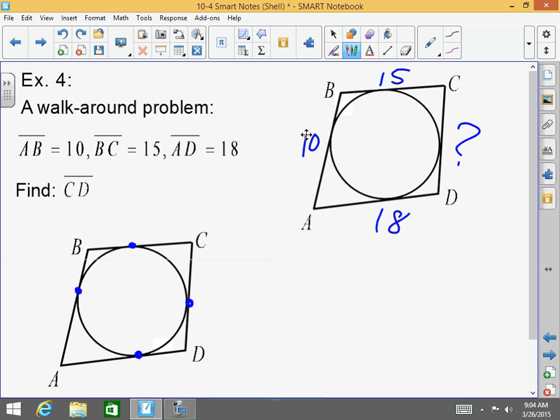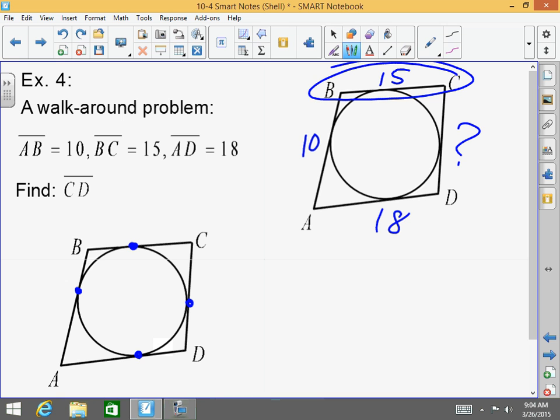Now, pay attention to this. We've gone over this before, but I want to really take my time with this and make sure you understand the concept here. If the whole entire BC is 15, do we know the length of B to this point of tangency? Okay, you're saying 7.5.